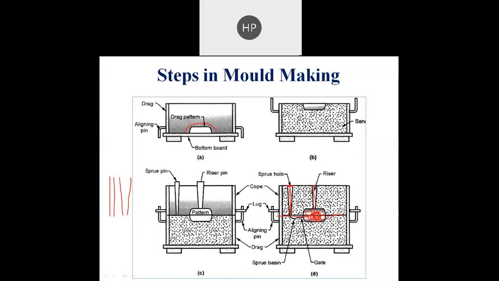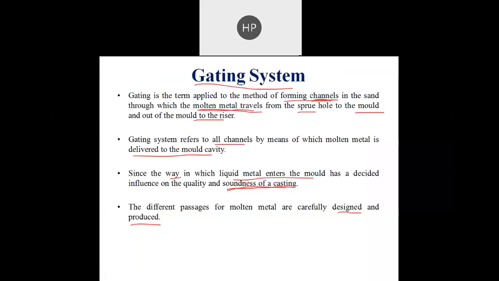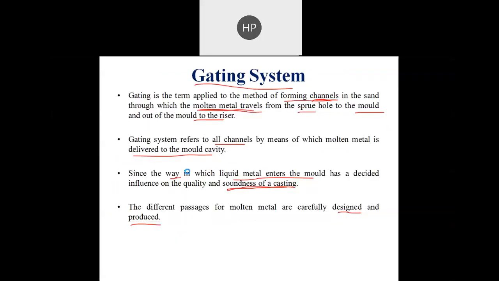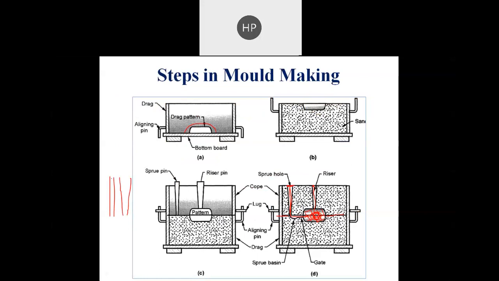So why is this taper shape important? Because it will eliminate the aspiration of air. Aspiration of air is a very big topic, but I will tell you in short here. If it is straight, then the molten metal entering over here, because of its movement, will trap some air.